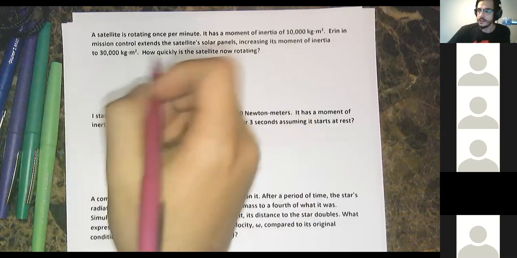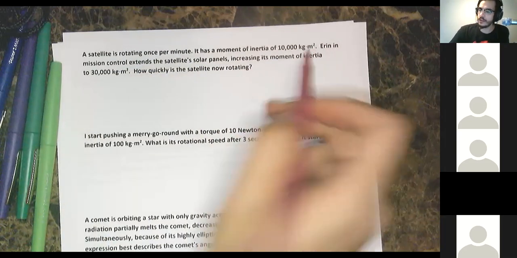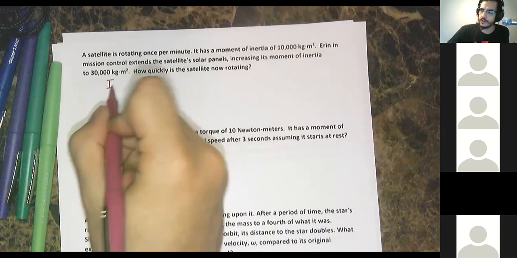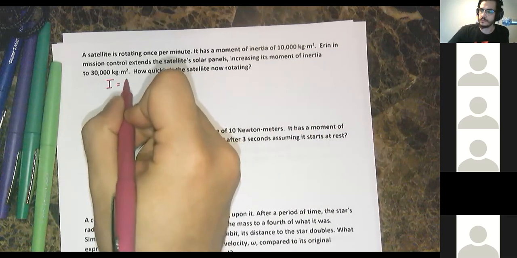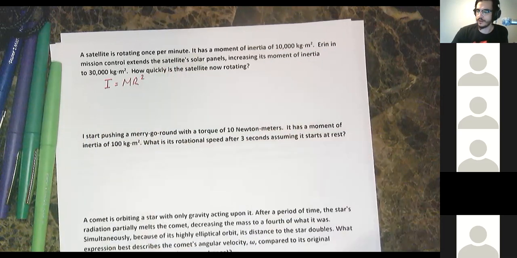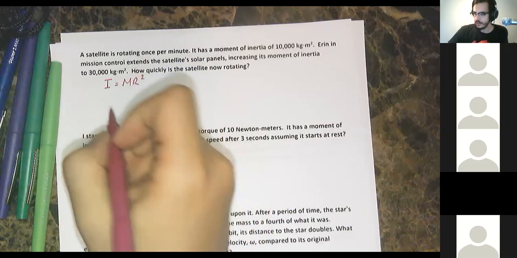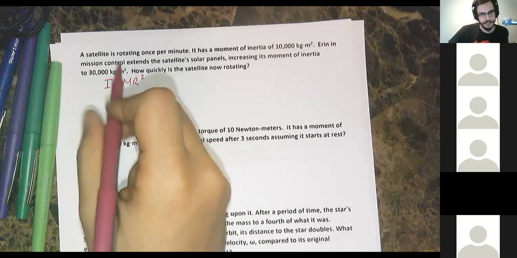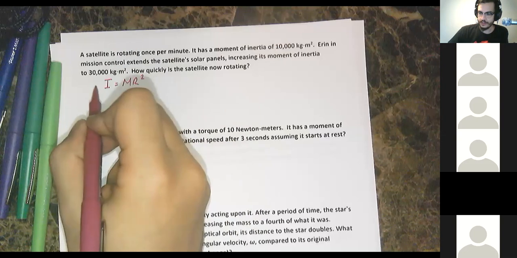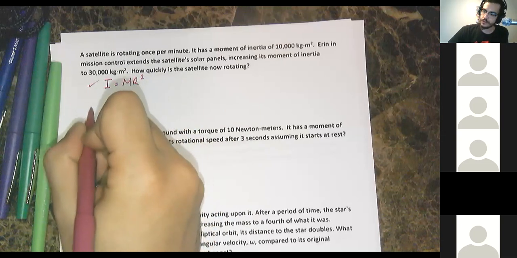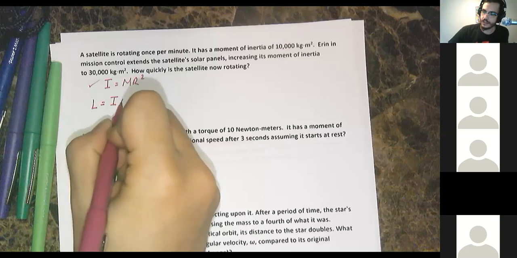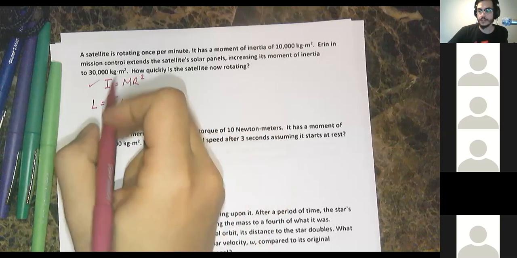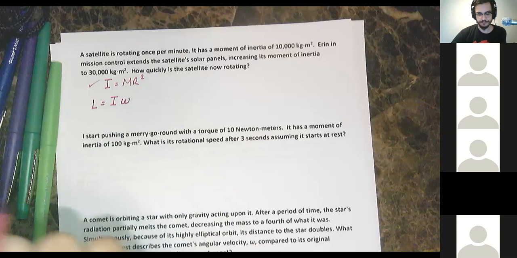All right. So moment of inertia is mass times radius squared, but we don't need to find it. We've been given that, so we're good on that. We would use moment of inertia and angular velocity to find the angular momentum.